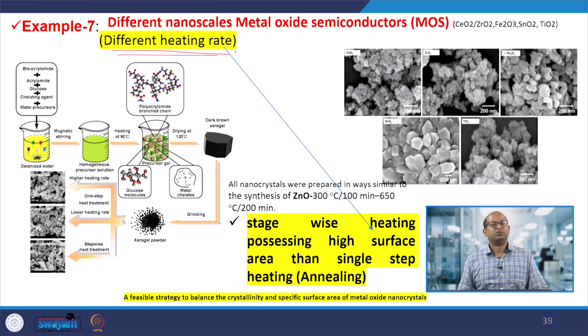Then different heating rates. Whenever we prepare any nanomaterials, we have to pass through various steps. One of the steps is calcination or heating, and that heating rate is also important.